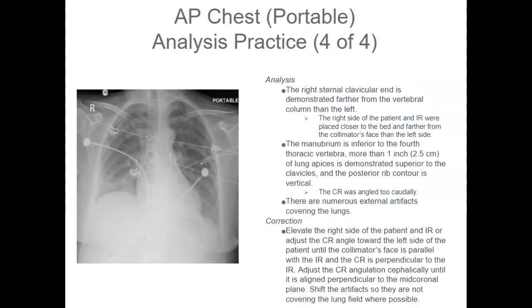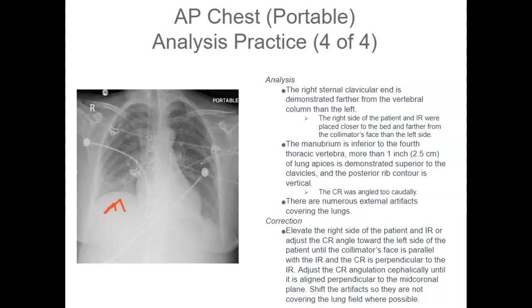So let's look at our final practice analysis of a portable chest x-ray. The first eyesore for me are all these external artifacts. If we can remove them or move them out of the lung fields, that would improve our image quality. Also, when looking at this image, you can see there is an elongation of the ribs on the right side.